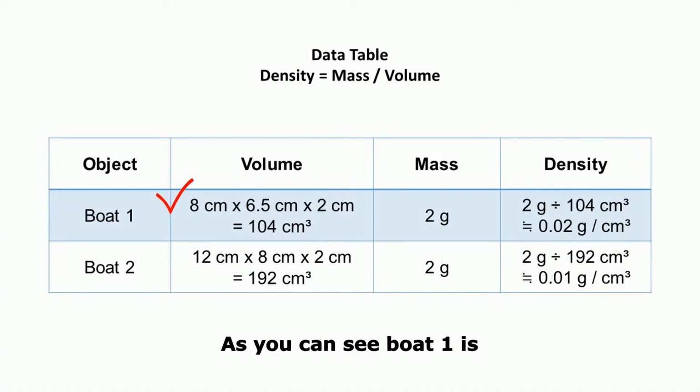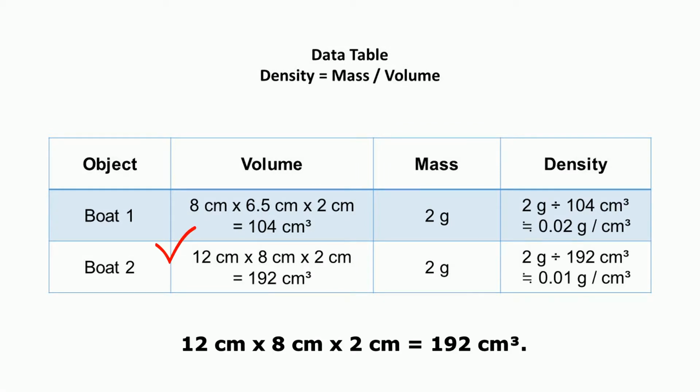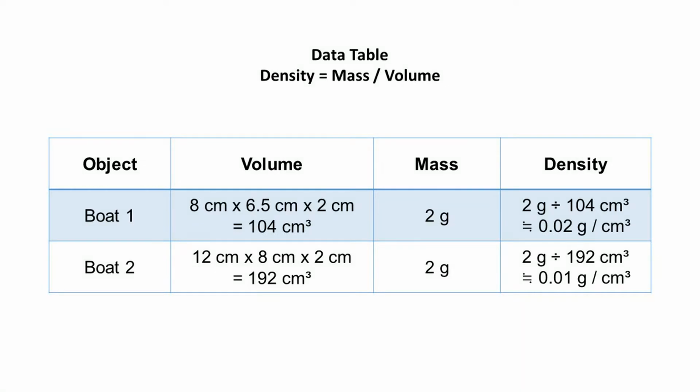As you can see, boat 1 is 8 centimeters by 6.5 centimeters by 2 centimeters, which equals 104 cubic centimeters. Boat 2 is 12 centimeters by 8 centimeters by 2 centimeters. That equals 192 cubic centimeters.